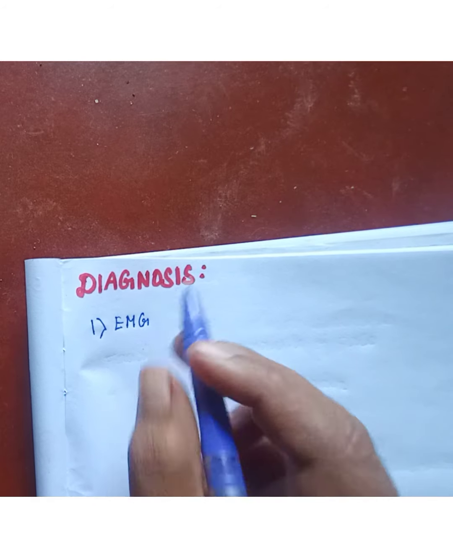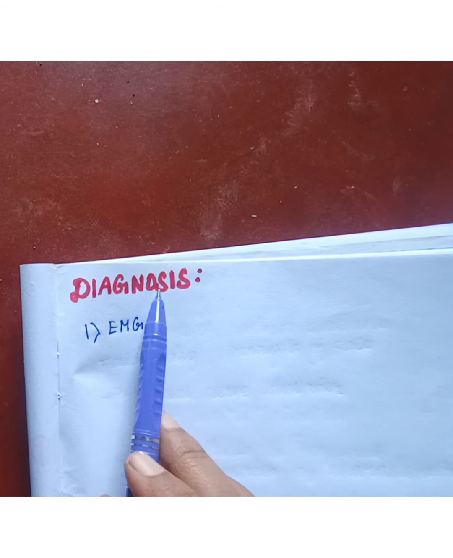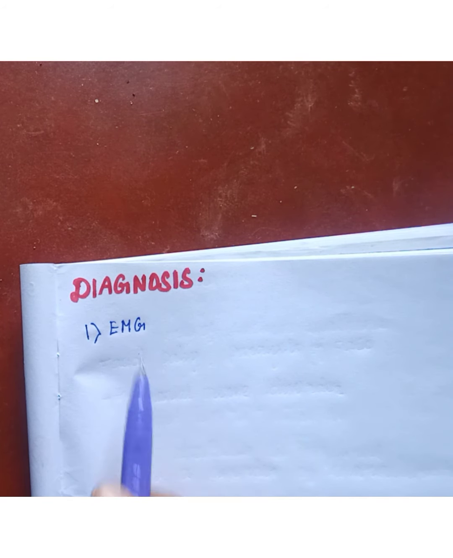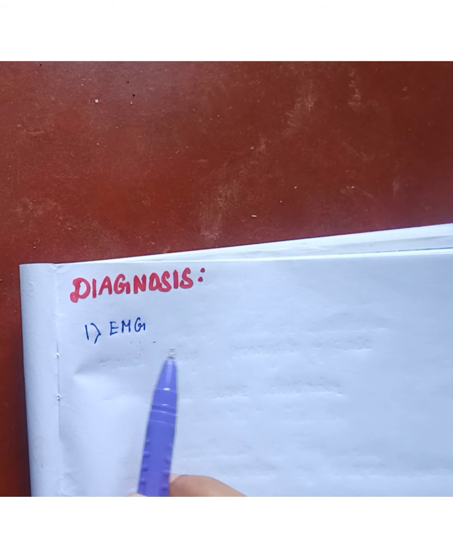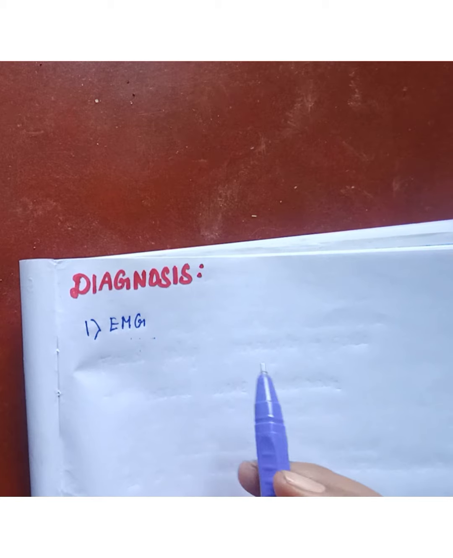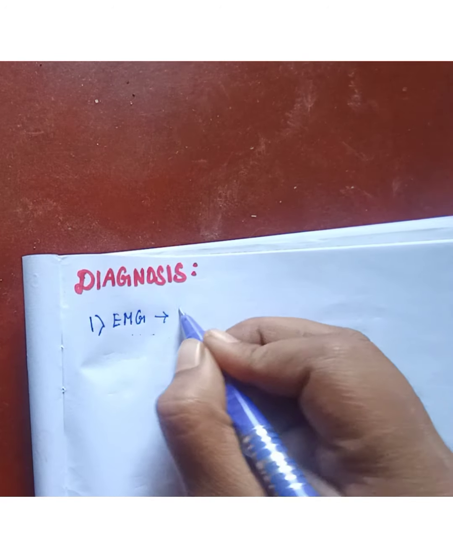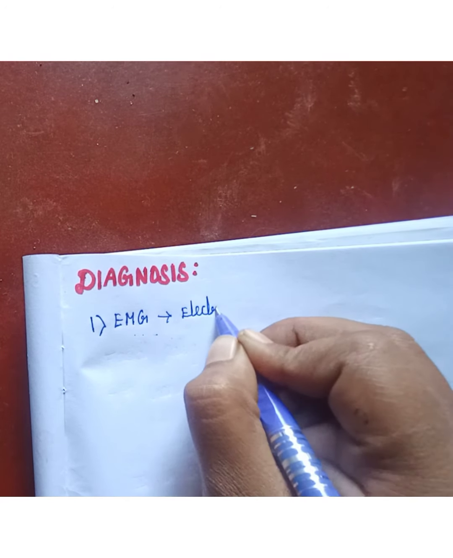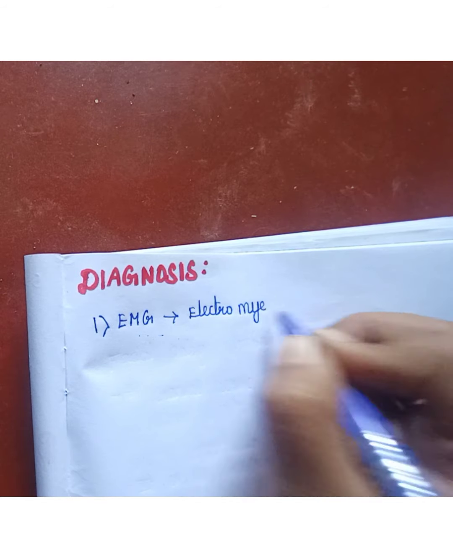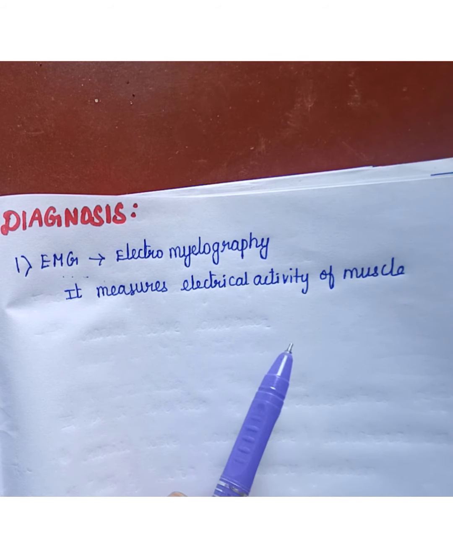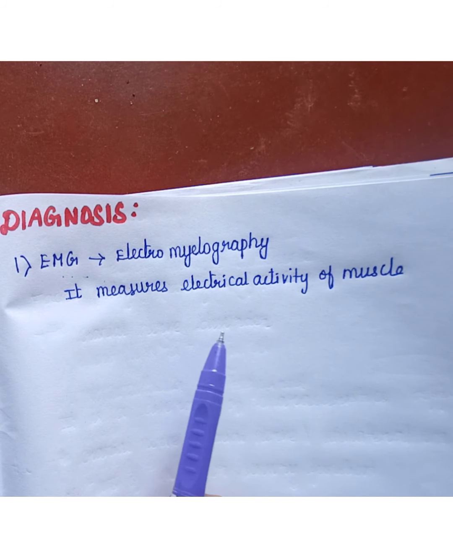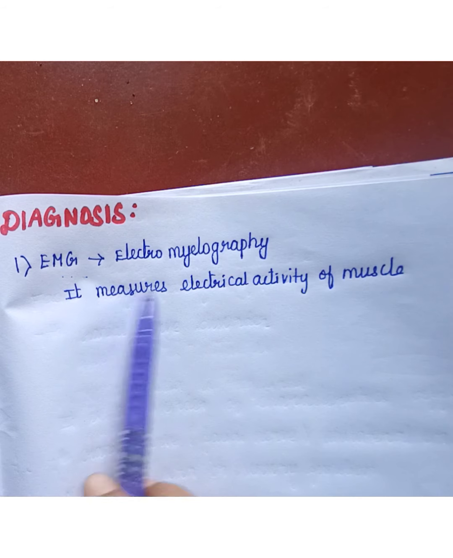This test is to confirm the presence of nerve damage, and it also determines the severity of the damage. It is also used to assess the myelin sheath. So this test is done.